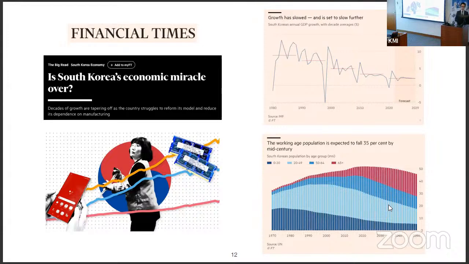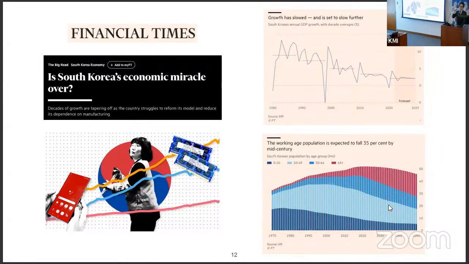First one: growth has slowed. We had a brief talk about GDP, the meaning of GDP, and which one would be more meaningful, the adjusted one or the regular one. But let's just take a look at the trend here.